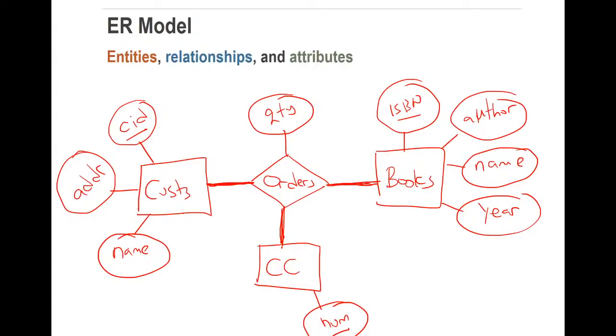There is a kind of limitation on this ER diagram. See if you can spot it. It has something to do with whether a customer can order the same book multiple times.